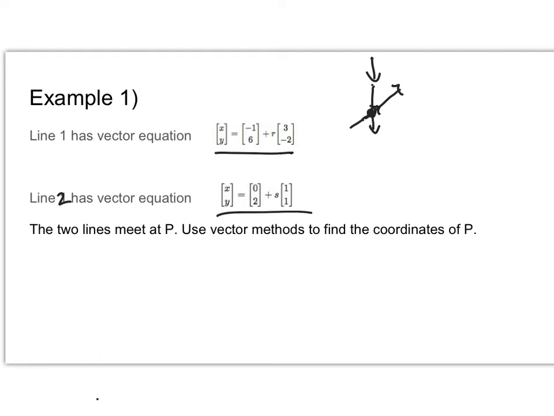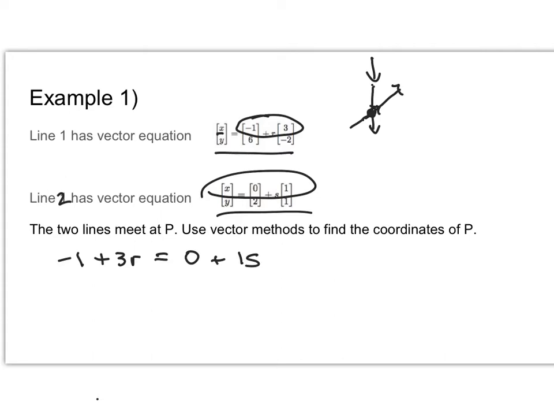So we're going to take this equation here, -1 plus 3r. It has to be equal to this x value, not at the same time, but it has to have that same value. So those have to be equal. That's going to be our x coordinate.